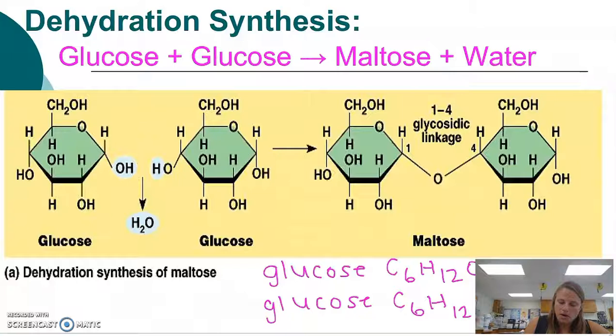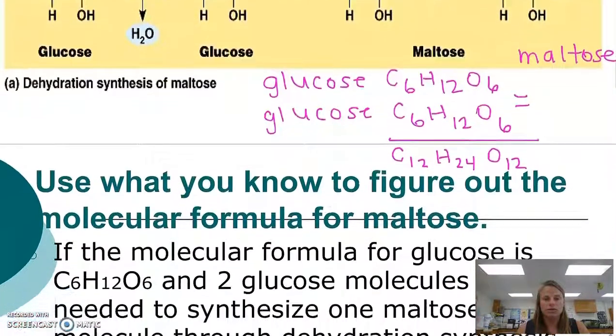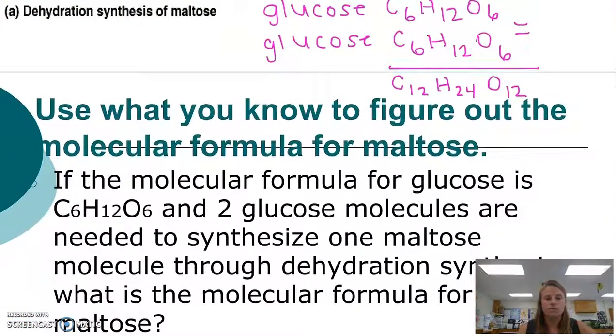Glucose and glucose is going to give me maltose. Well, when I add them together, wouldn't that be C12H24O12? I don't know. What do you think? Use what you know to figure out the molecular formula for maltose.